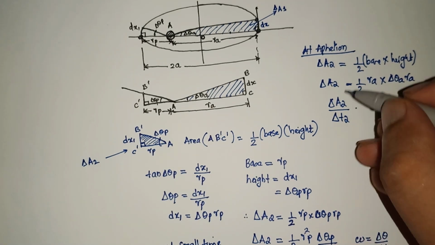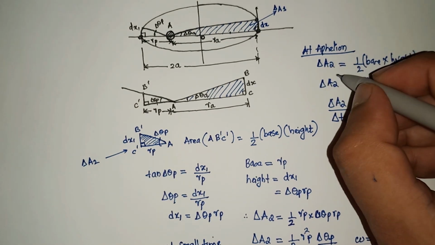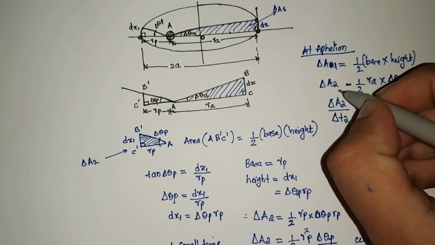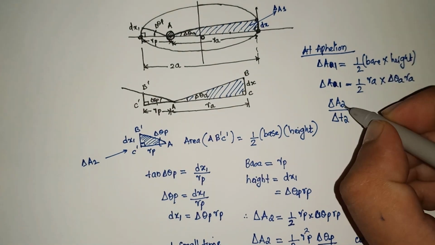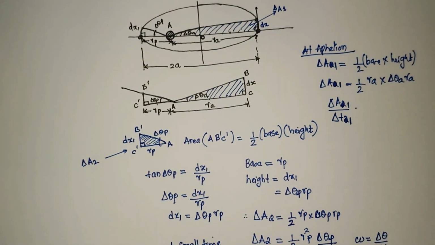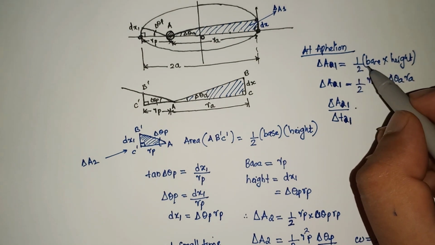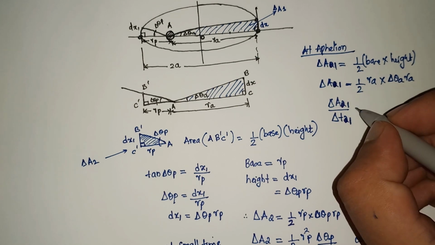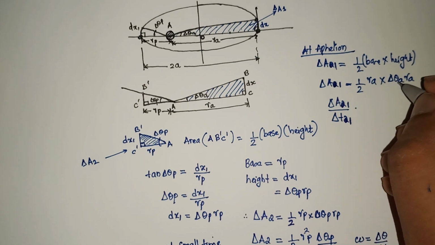Here you have to be very clear with the denotation. This should be 1 actually, because we have considered the aphelion. So delta a1 divided by delta t, this is where you make some mistakes. Delta a1 is equal to half into base into height, so half into ra into delta theta a into ra.